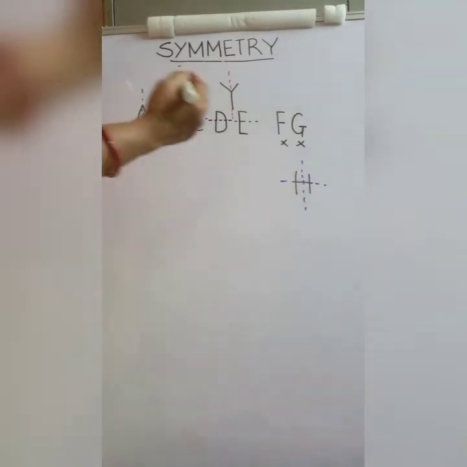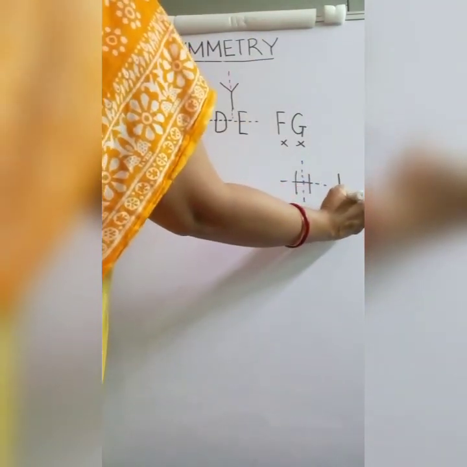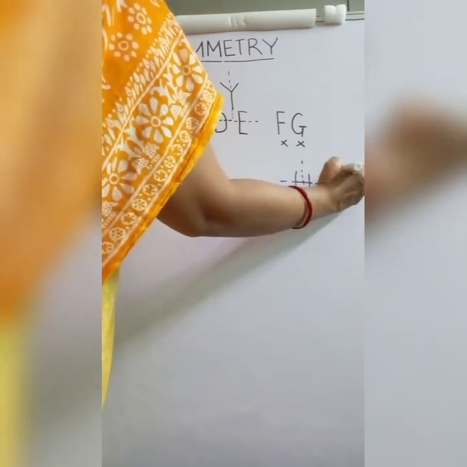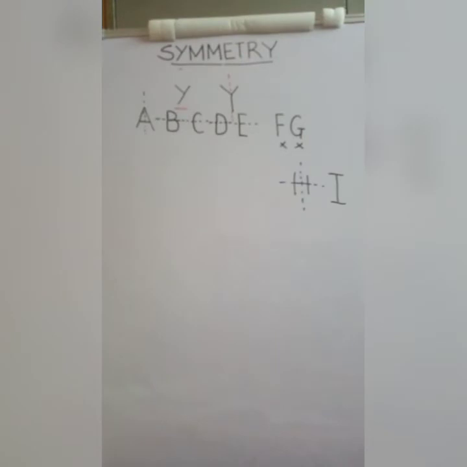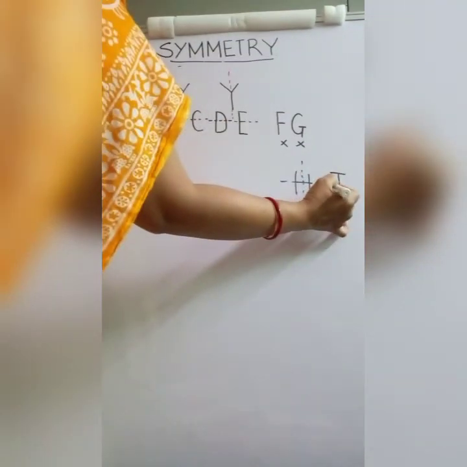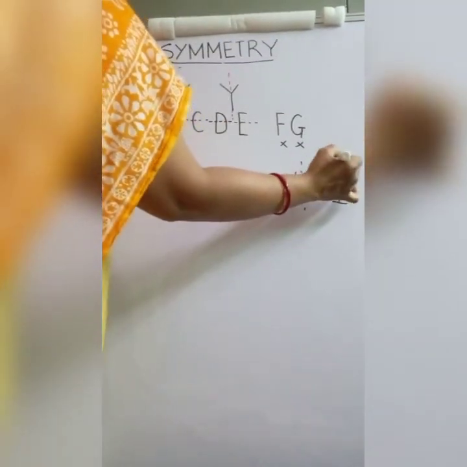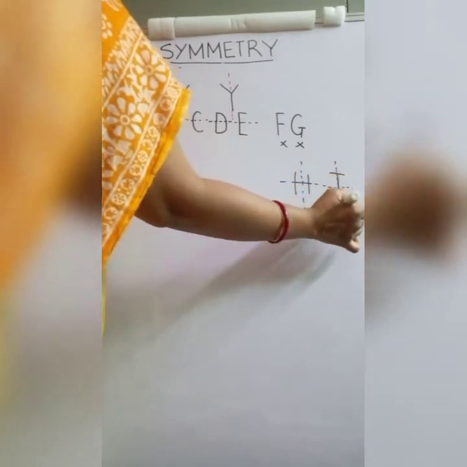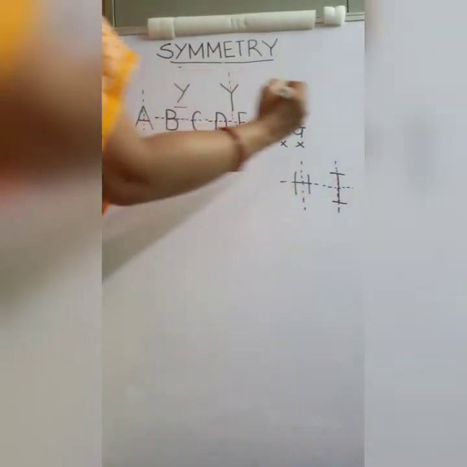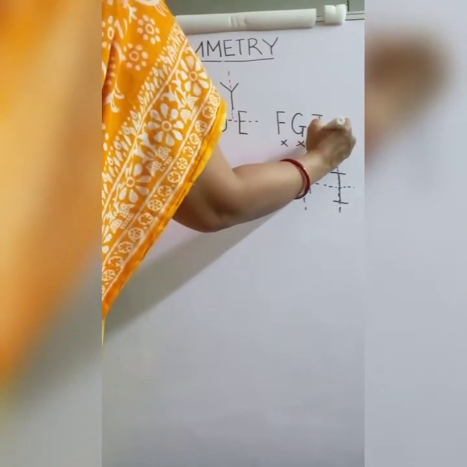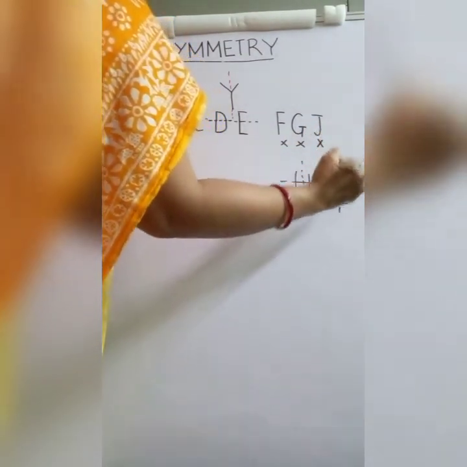I, again, if we write I like this, we have two lines of symmetry. One is going horizontal and another is vertical. Now J has no line of symmetry.